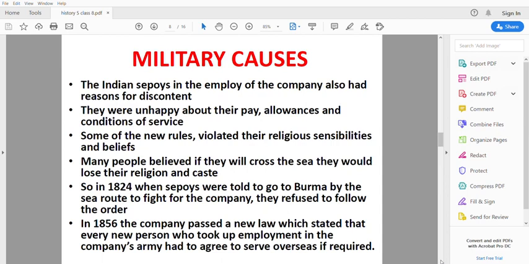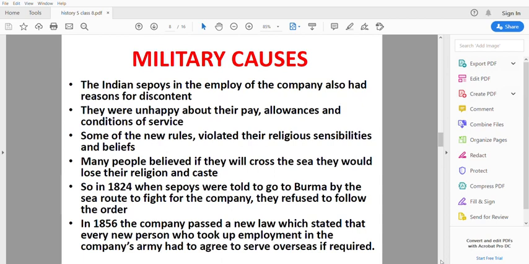They were unhappy about the pay, allowances, and conditions of service under the British. Some of the new rules violated their religious sensibilities and beliefs also. Many people believed that if they crossed the sea, they would lose their religion and caste. That was the belief of people earlier.